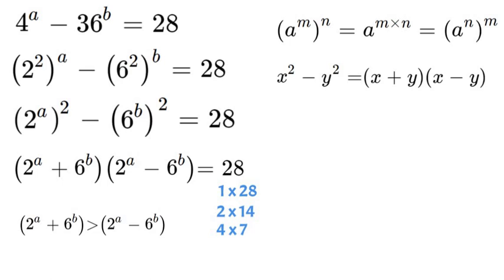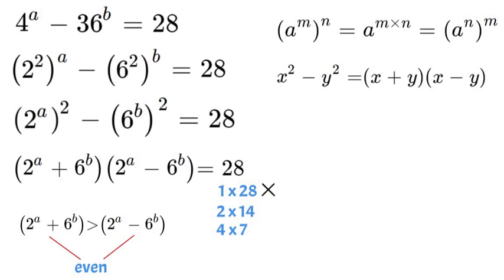Now looking at 1 times 28, for example, there's no a and b value that would be equal to 1, because no exponential value would give us that answer. So therefore, it cannot be 1 times 28.